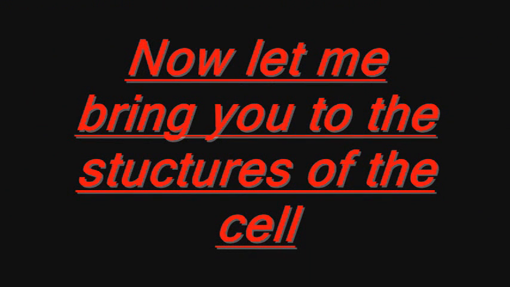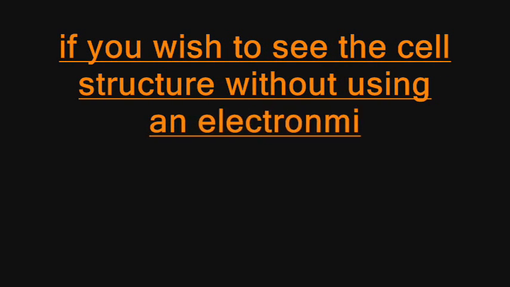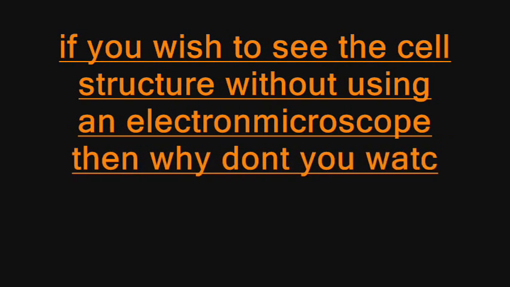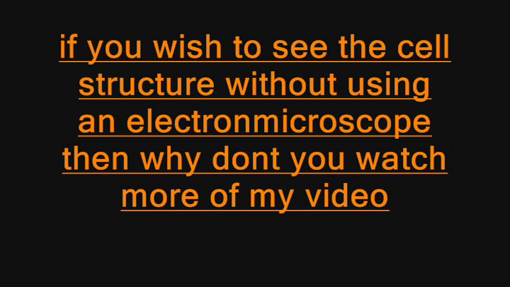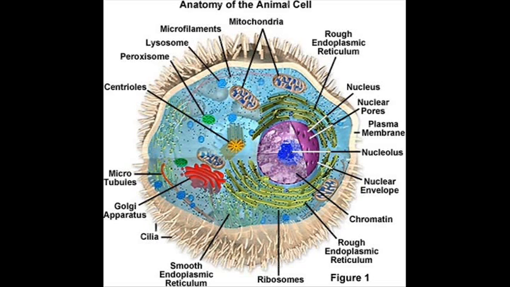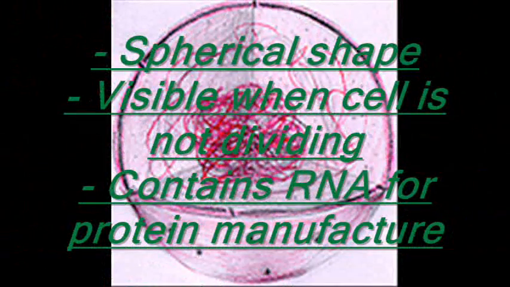Now let's bring you to the structure of the cell. If you wish to see the cell structure without using an electron microscope, then why don't you watch more of my video? Hehe. This is the plant animal cell again, right? So we'll be going to the nucleus. This is the nucleus. Okay, please read.